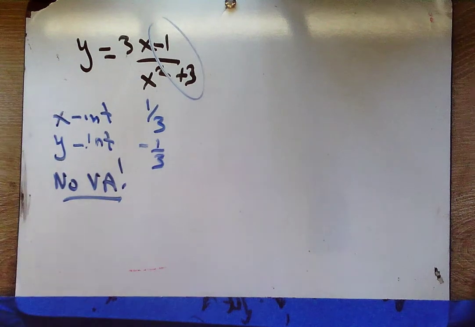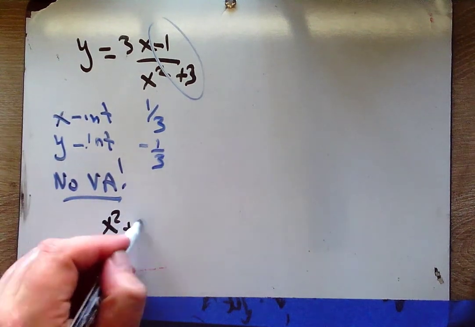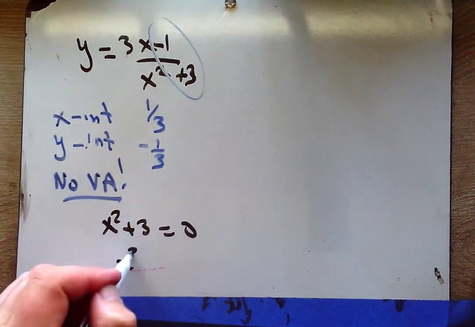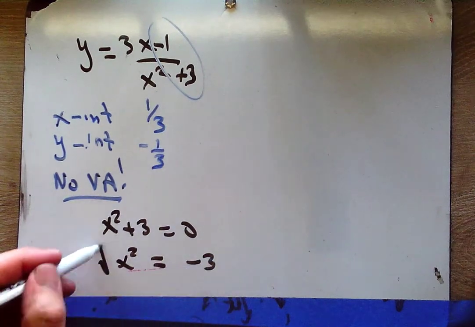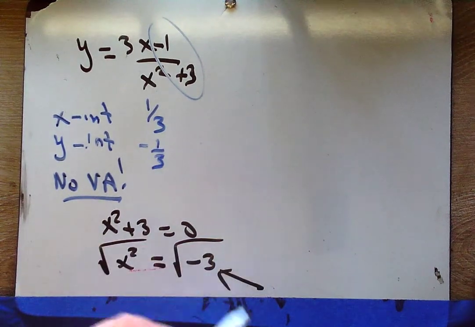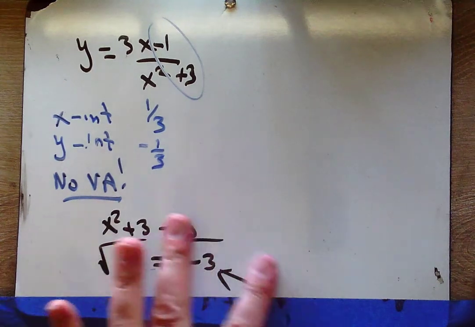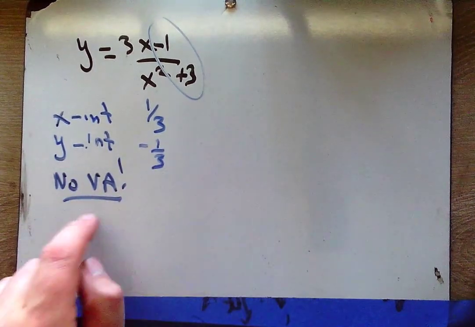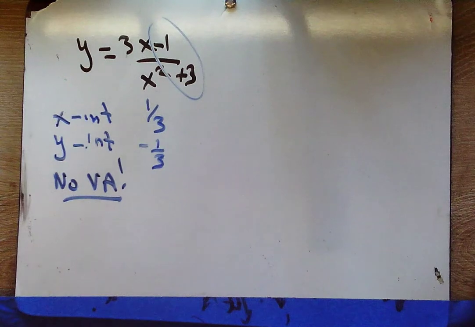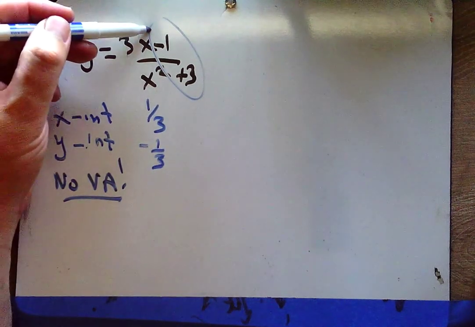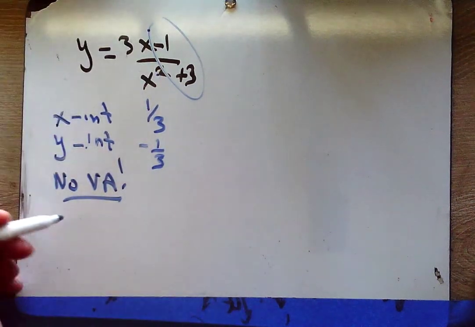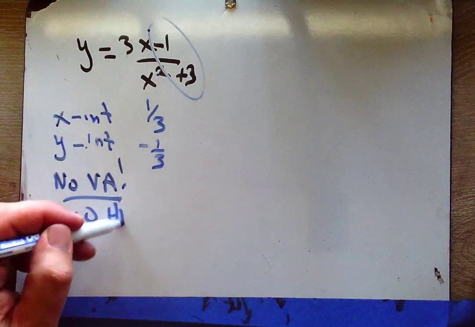Here. X squared plus 3 equals 0. X squared equals negative 3. And now I'm taking a square root. And I can't take the square root of a negative number without using imaginaries. So, no, sorry, my graph has no vertical asymptotes. But my graph does have a degree here that's smaller than the degree here, and so y equals 0 is the horizontal asymptote.